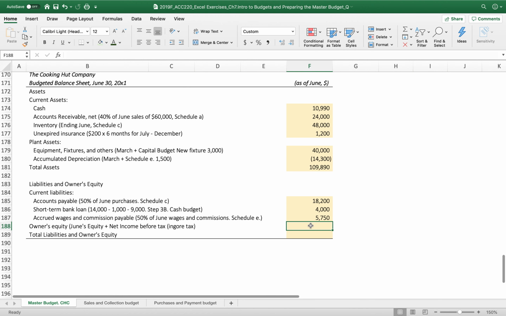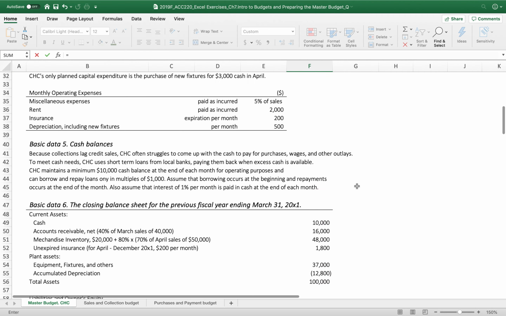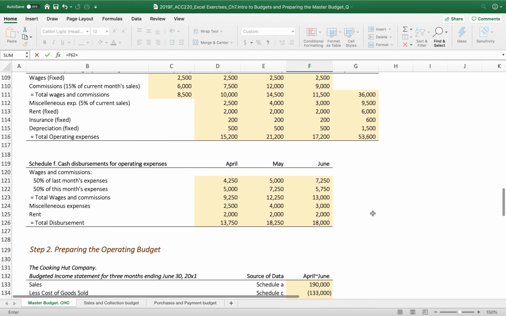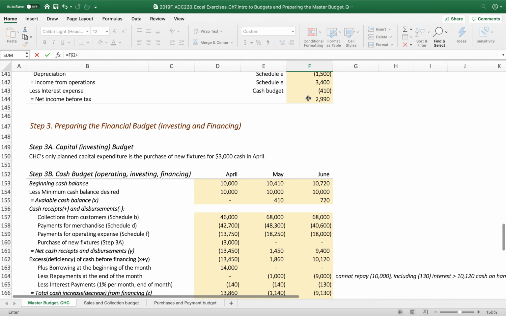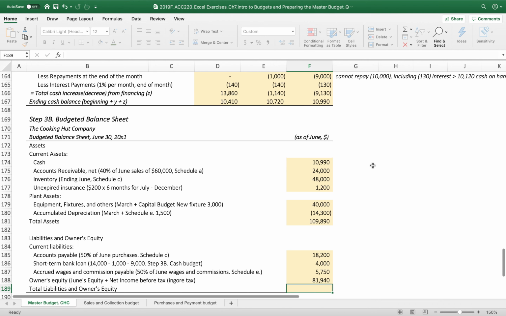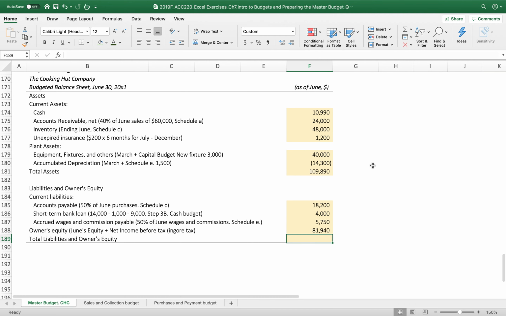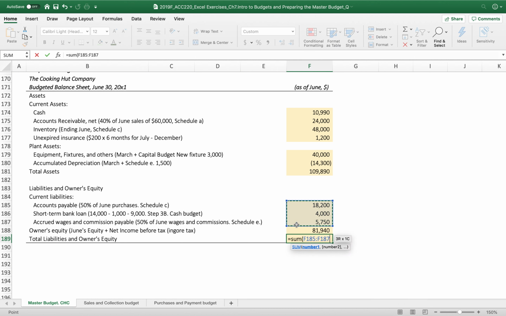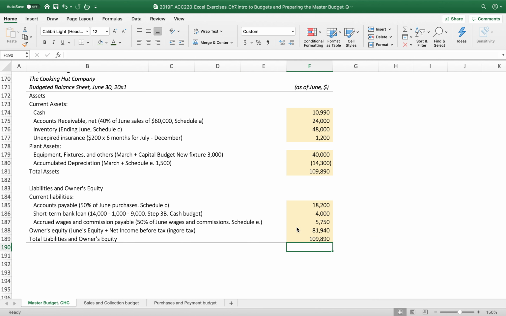So this amount plus the net income before tax we calculated is 81,940. So the total amount of total assets and the total liabilities and owner's equity should be the same, right? So hopefully without any mistake. Okay, you see, those are the same.